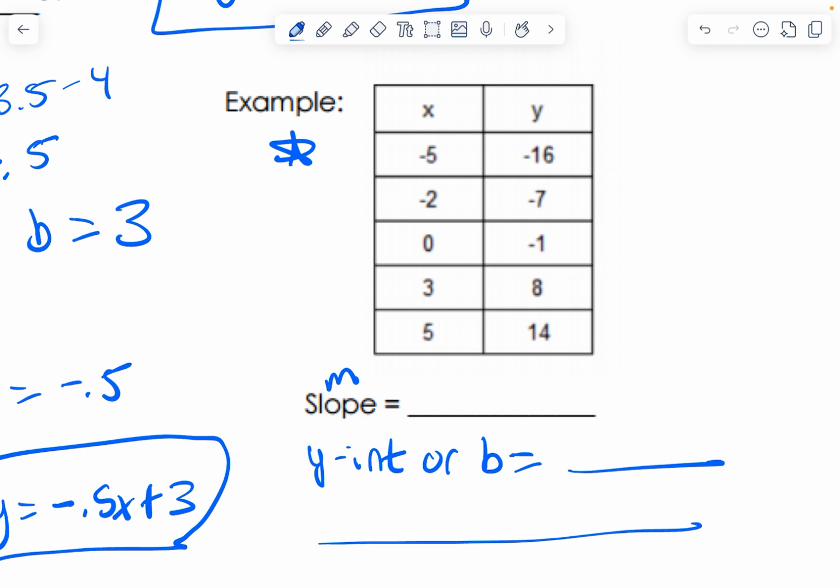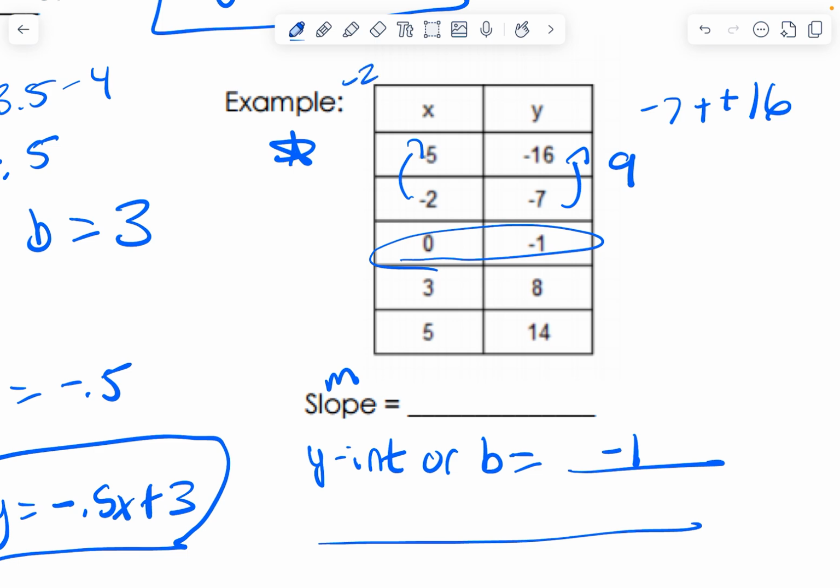Okay, so by now I think you've got it. My y-intercept is going to be negative 1. To find my slope, I have to subtract anywhere I want to. So my y is going to be negative 7 minus negative 16. That's going to be 16 minus 7, which I believe is going to give me 9.